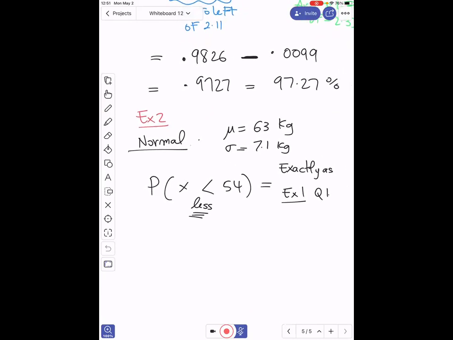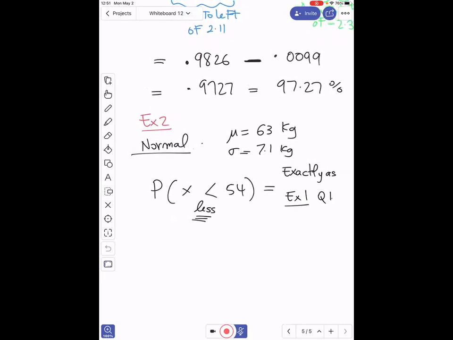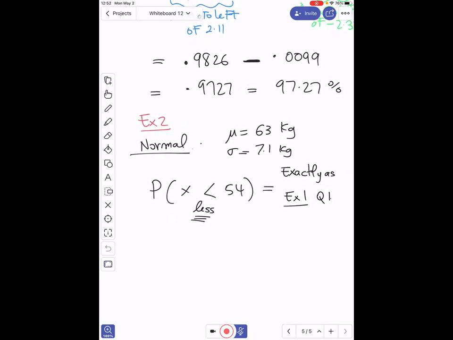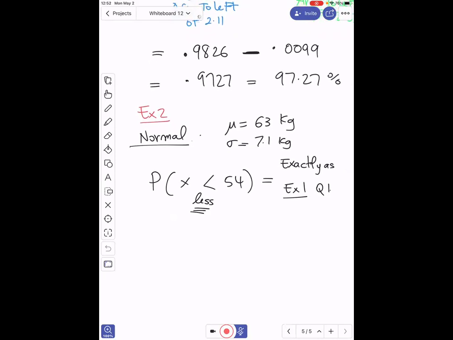You see the words normally distributed, you see mu, you see sigma, and it says less. The weight is less than 54. Hopefully it makes sense.